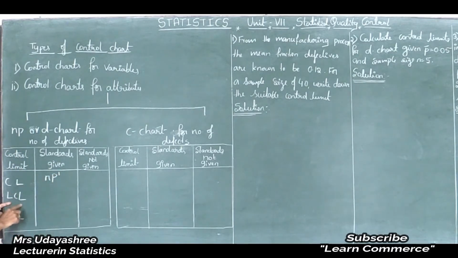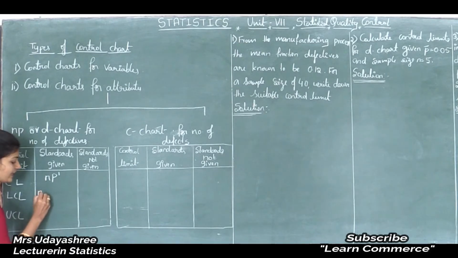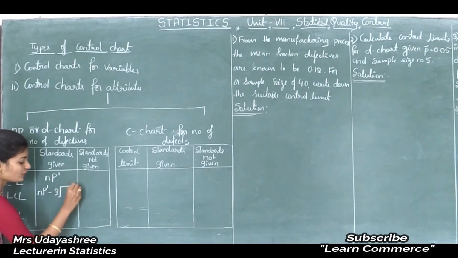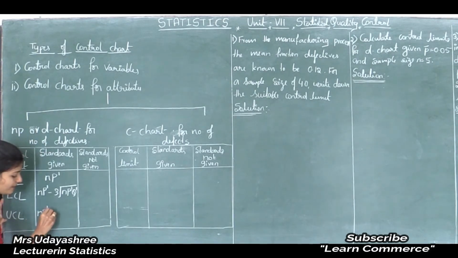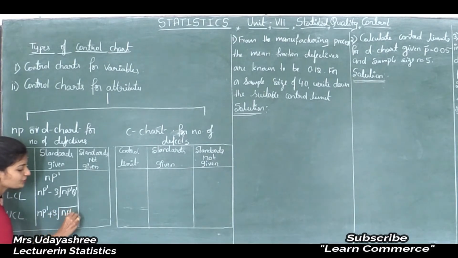To calculate lower control limit for NP or D chart in standards given case, the formula is n p dash minus 3 into square root of n p dash q dash. And to calculate upper control limit for NP or D chart in standards given case, the formula is n p dash plus 3 into square root of n p dash q dash.